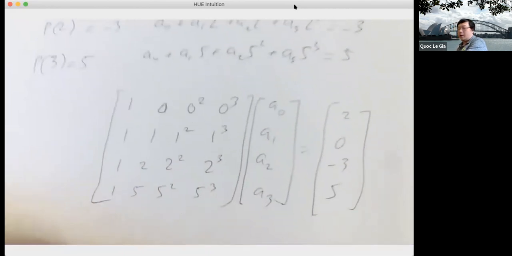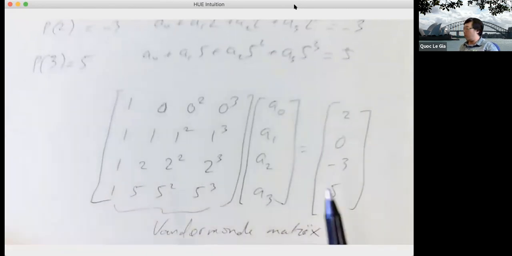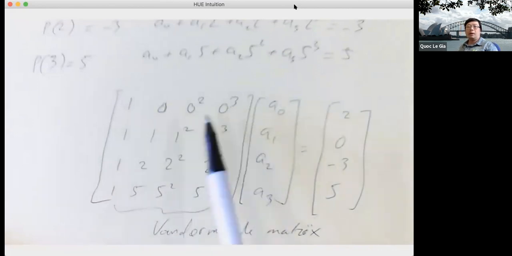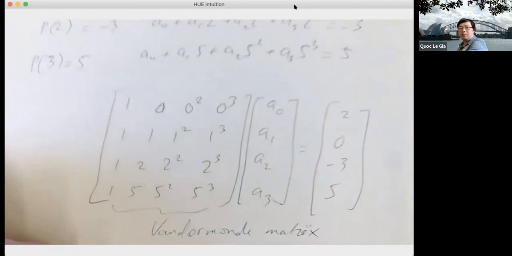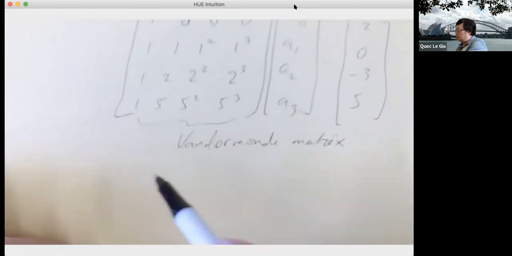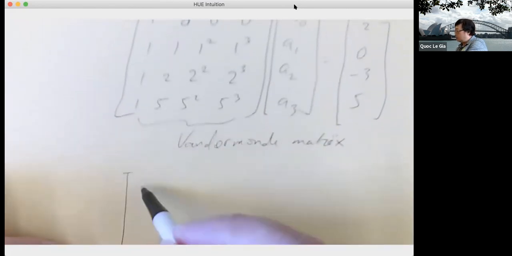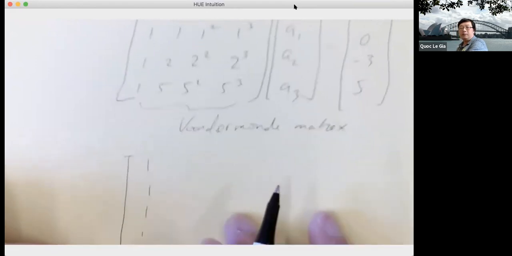Yeah. And this matrix is called a Vandermonde matrix. Well, the Vandermonde matrix is when you have n terms. So here I have only 4 points, yeah. But in general, the Vandermonde matrix is like this. So it will be 1, 1, 1, 1, n times, yeah.